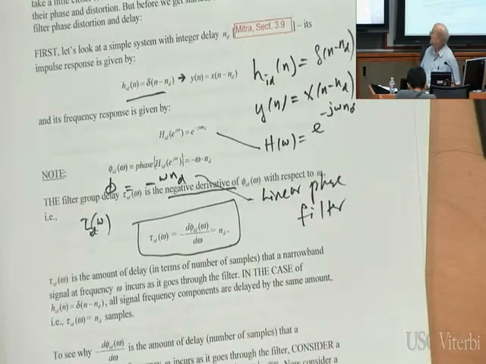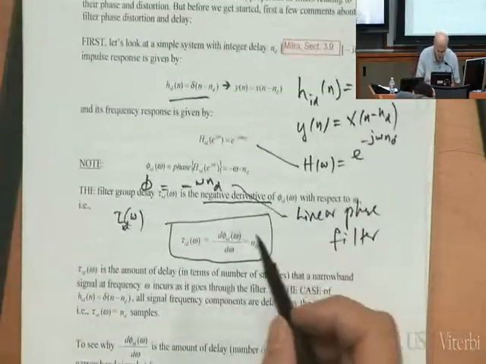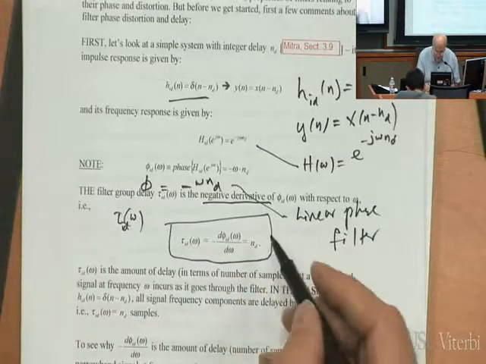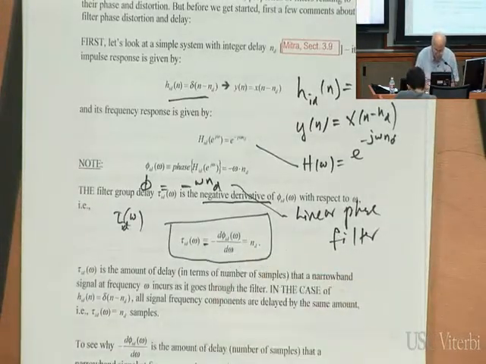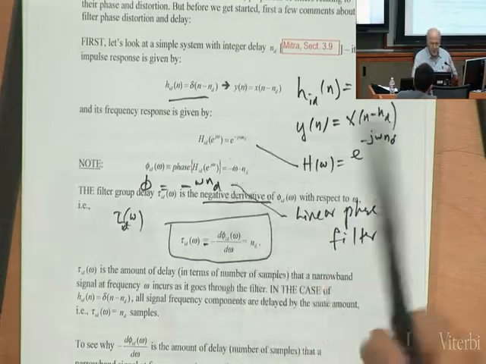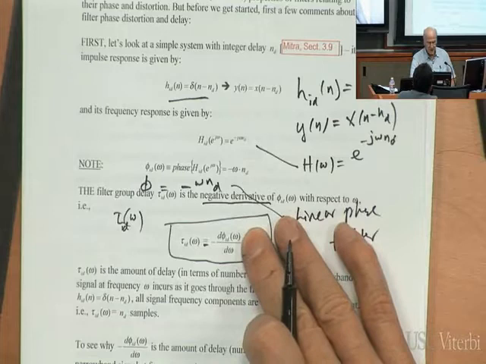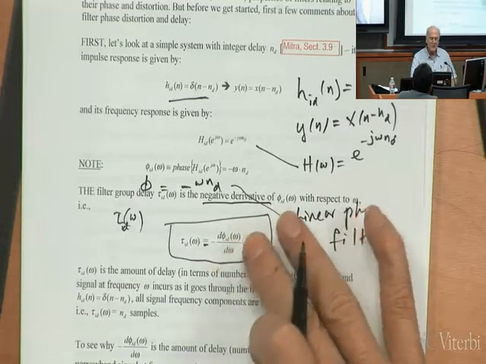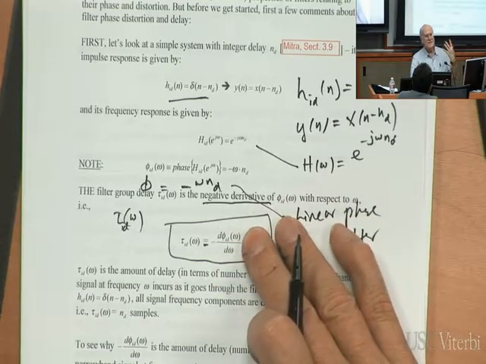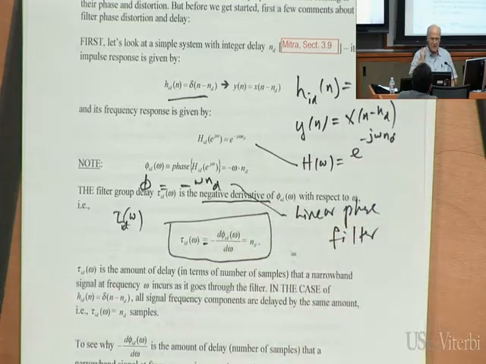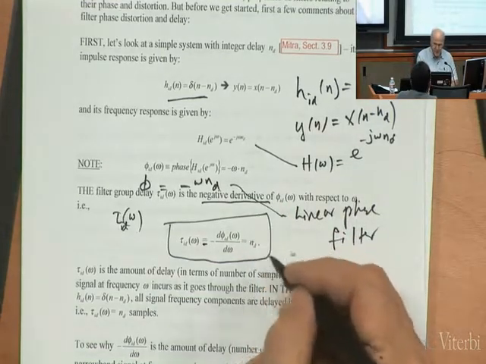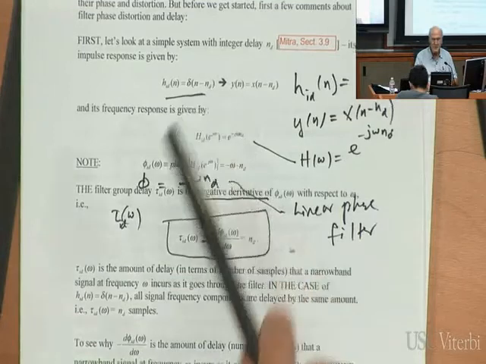Can you see that? I just can't see it too well on my monitor. Tau_gd of omega is defined to be minus the derivative of the phase response of a filter with respect to the frequency omega. Now, in the simple example, that turns out to be n_d. That turns out to be this delay.